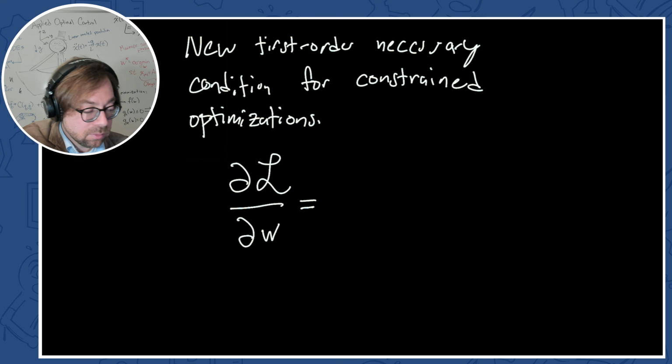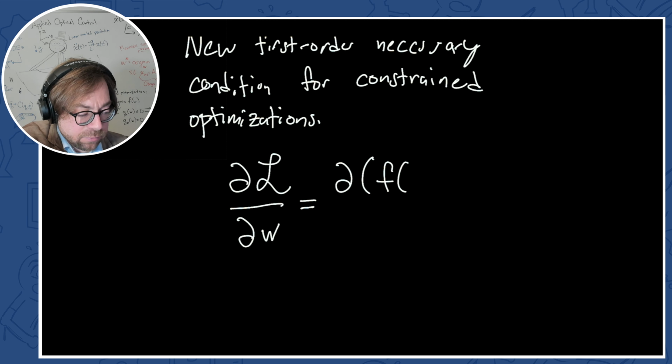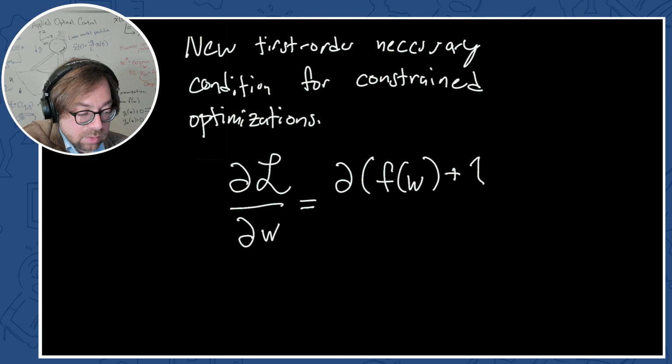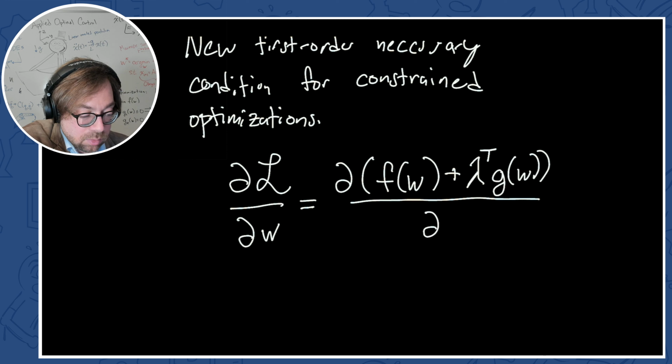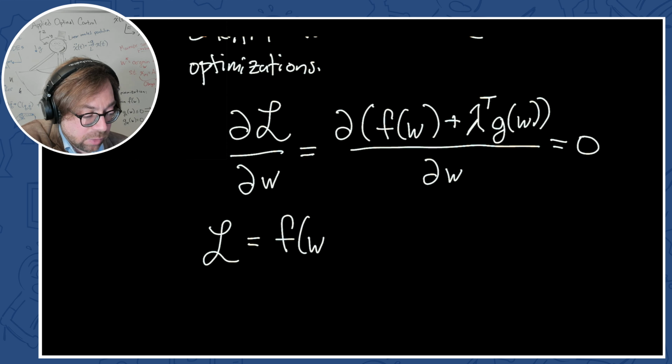Where L is equal to our cost function, that's the same, plus this term here called lambda transpose times g of w, partial w equals 0, where L, as you can see from this relation, is our cost function plus this lambda times our constraint.